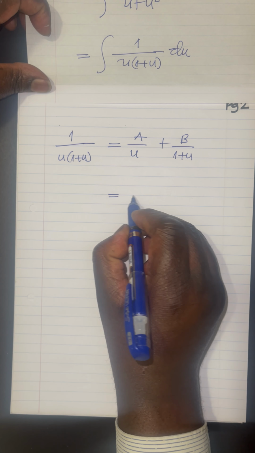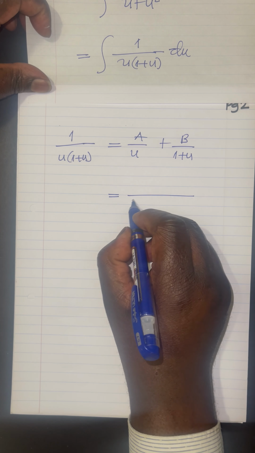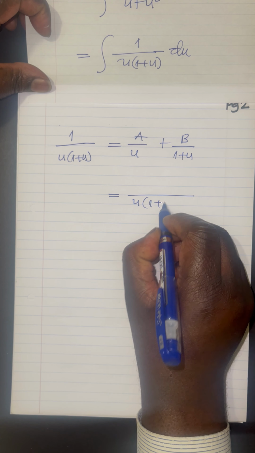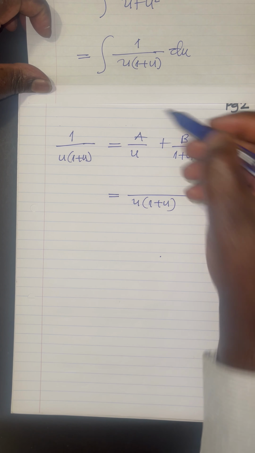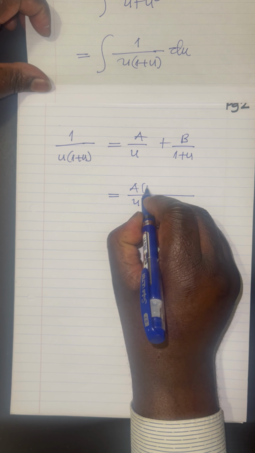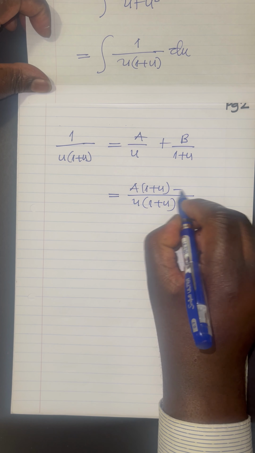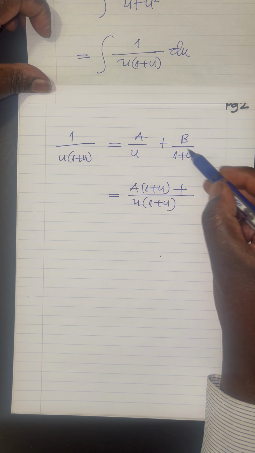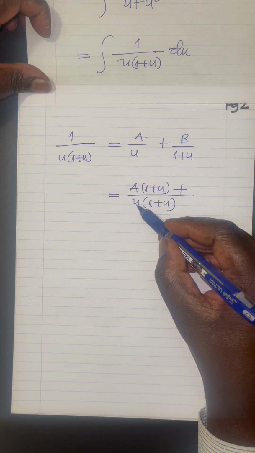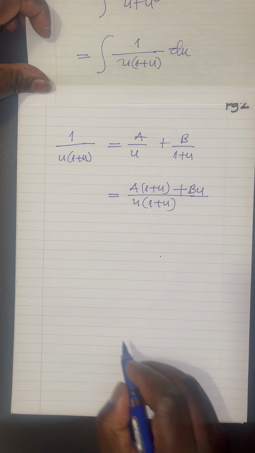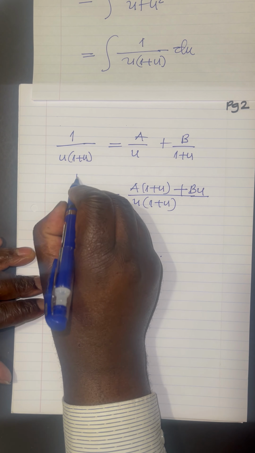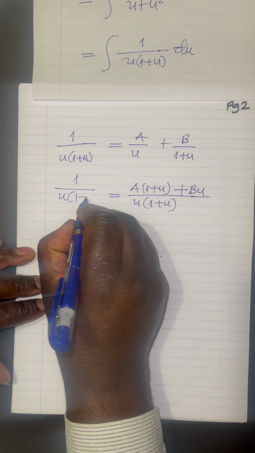So what do we do? Well, on the right hand side, the lowest common denominator is going to be u, 1 plus u. We take u into that; the answer is 1 plus u multiplied by the numerator, so it's A times 1 plus u, and then plus, for the other fraction, it will be u times B. On the left hand side, we have 1 over u, 1 plus u.